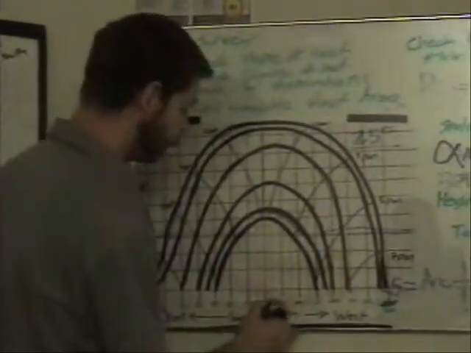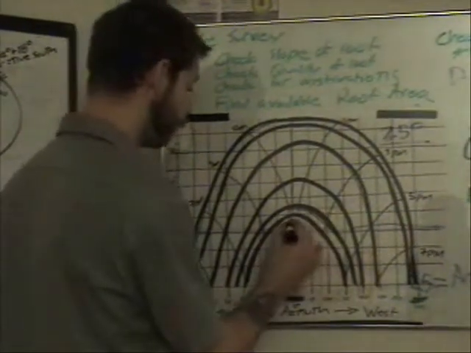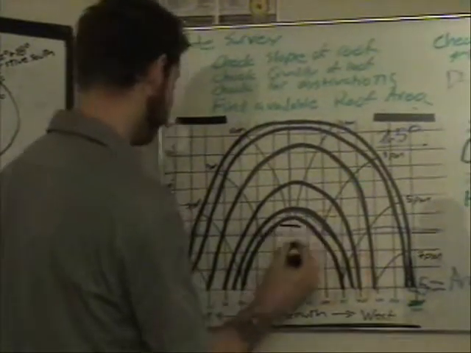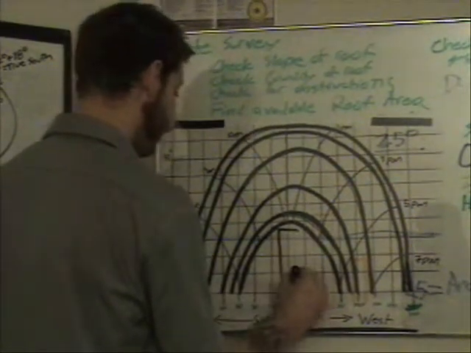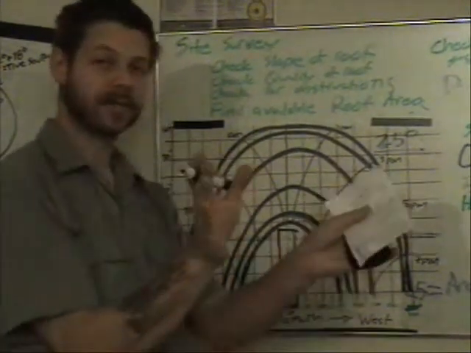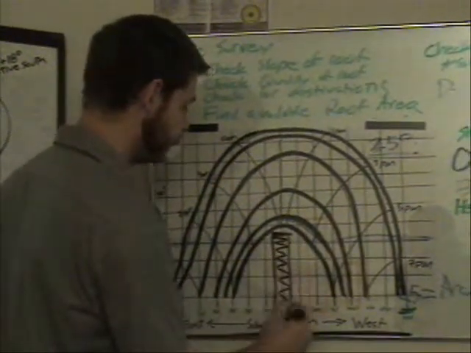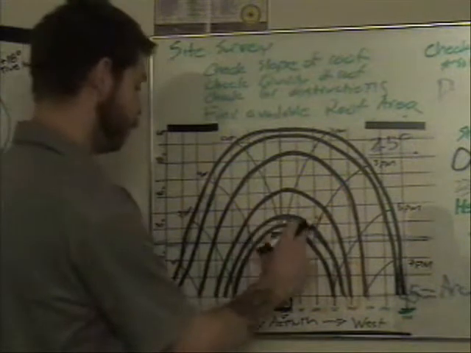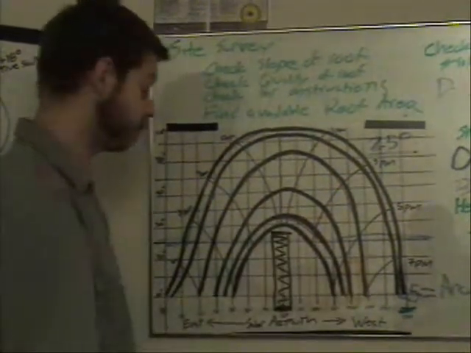It was due south, so we marked that on our sun chart. And we know that the angle of this tree, by measuring with a protractor, was 26 degrees. And it's about 5 degrees left to right. So it's going to shade all of this area in here. As you can see, the sun path, it will never cause shading on the area we measured from.